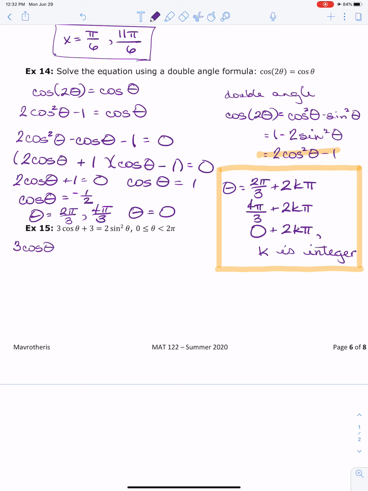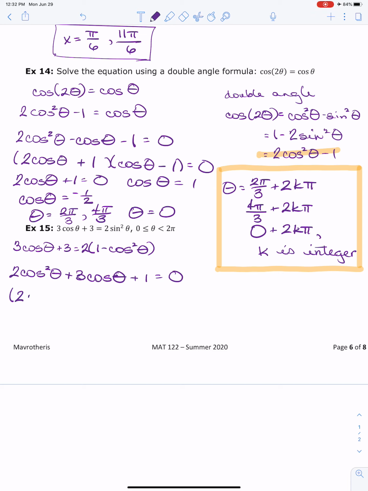I get 3 cosine theta plus 3 equals 2 times 1 minus cosine squared theta. I'm going to move everything to the left-hand side and multiply that 2 through. So I get 2 cosine squared theta plus 3 cosine theta plus 3 minus 2, so plus 1.